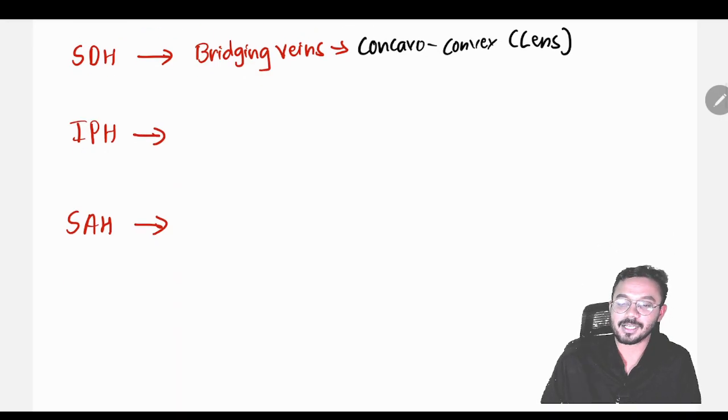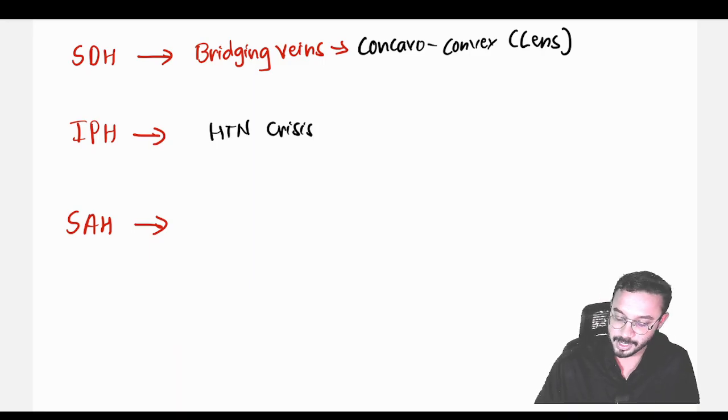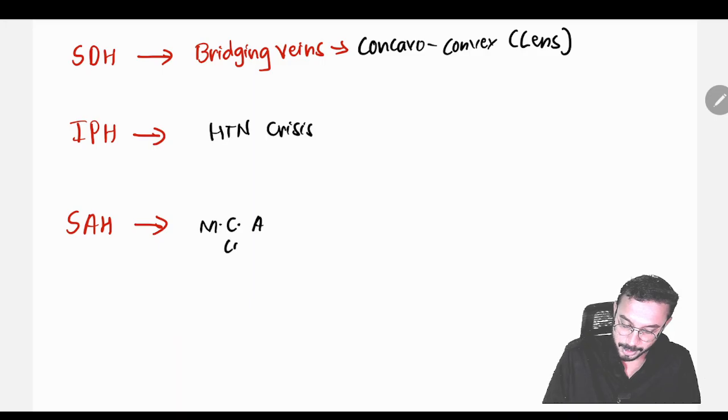And what about intraparenchymal hemorrhage? It is a hypertensive bleed. So the bleed not only occurs due to trauma; if the BP is not treated, that leads to intraparenchymal bleeding. And what about subarachnoid? Tell me. Subarachnoid, what kind of bleed?